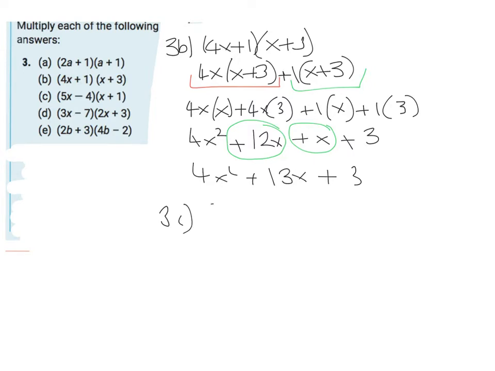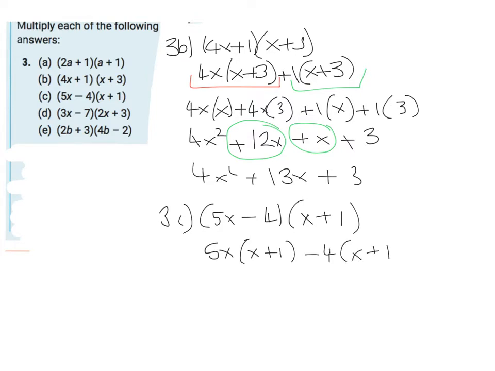3c, 5x minus 4 and x plus 1. Split the first, repeat the second. Five x is multiplied by x, and 5x is multiplied by 1.